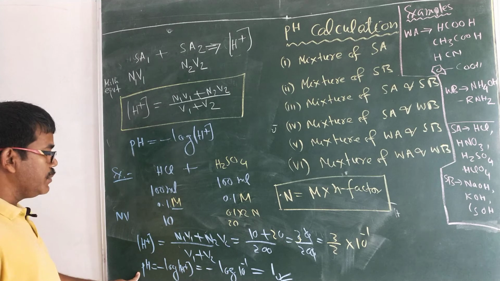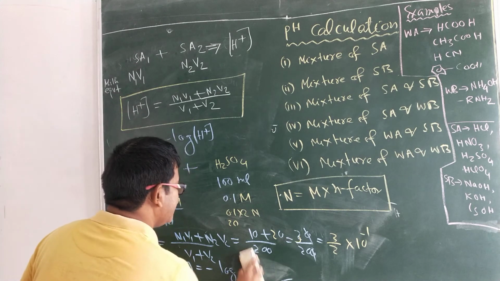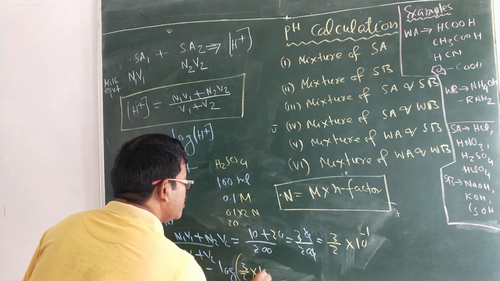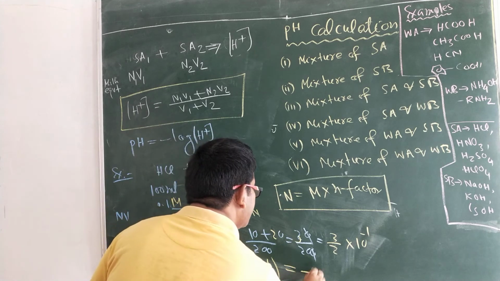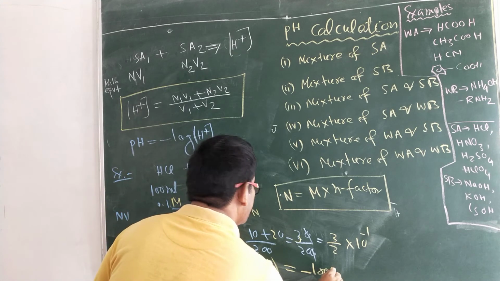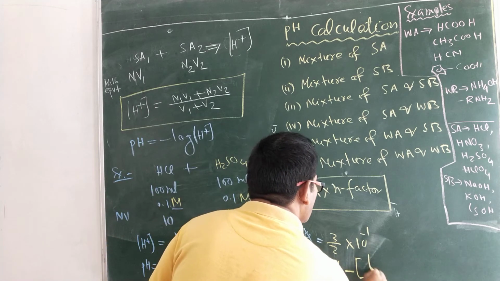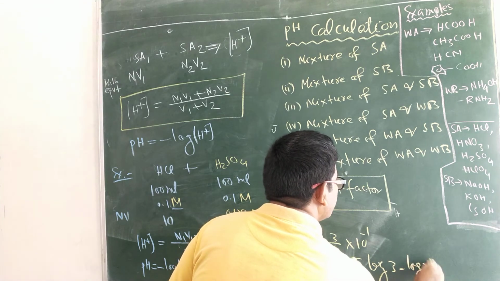Therefore, pH is minus log of H plus concentration, and here H plus concentration is 3 by 2 into 10 to the power minus 1. That means it will be minus log of 10 to the power minus 1, minus log of 3, plus log of 2.